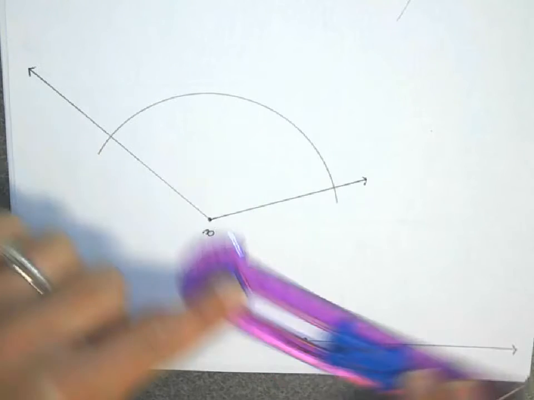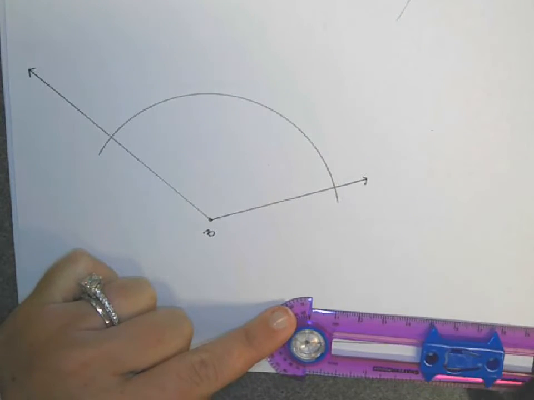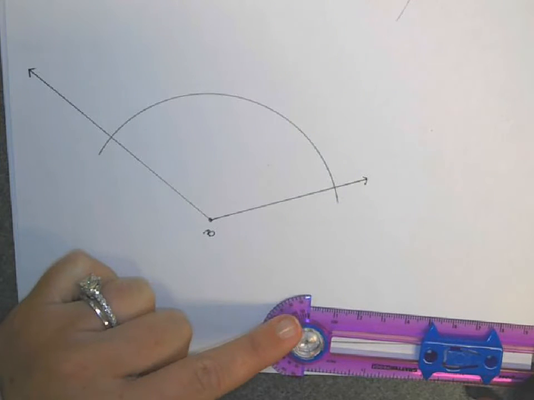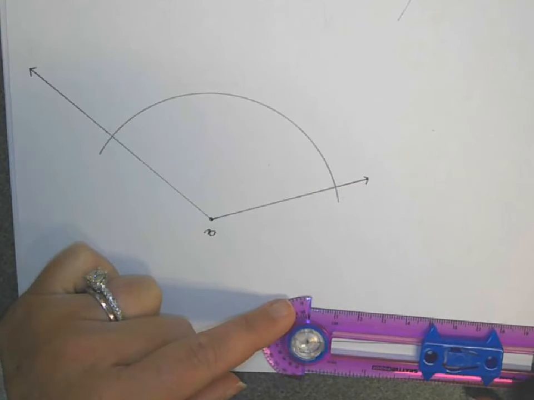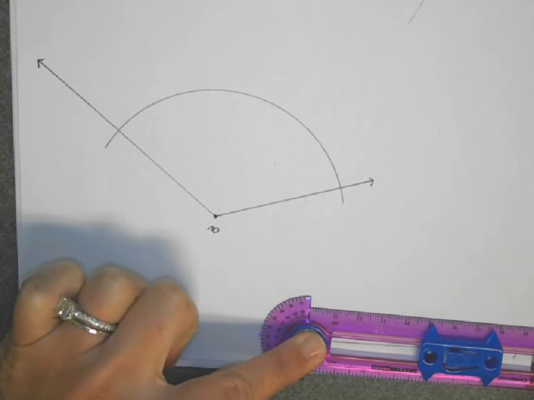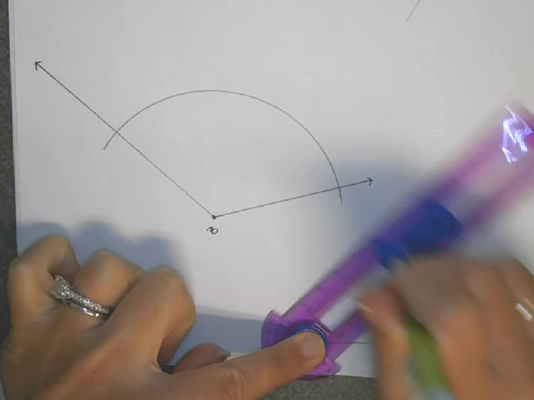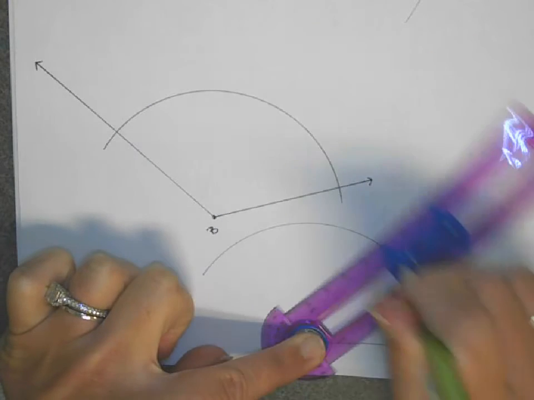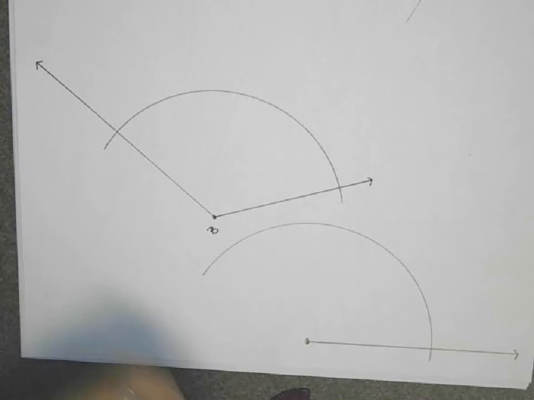And where that arc is, we are going to copy that arc down here. When you're using your compass, you want to make sure you have a nice tight grip on that piece so that when you swivel this, you do have a nice clean arc.